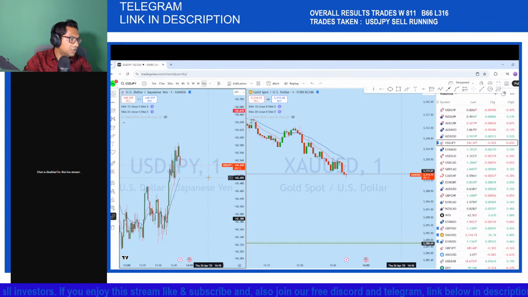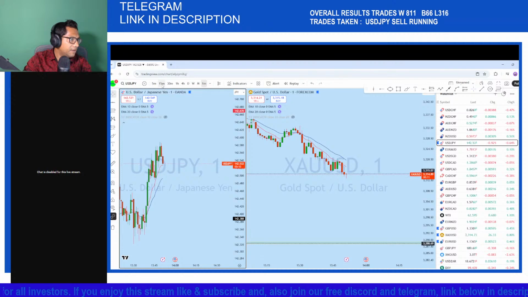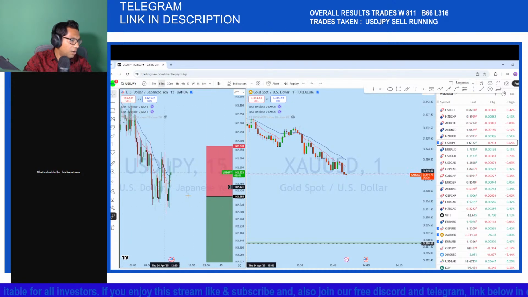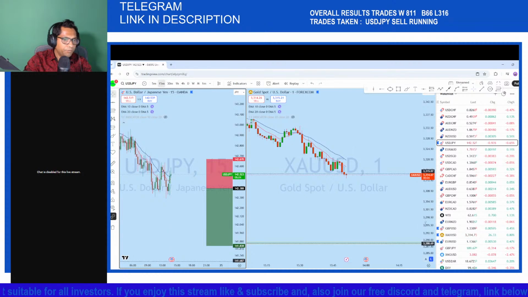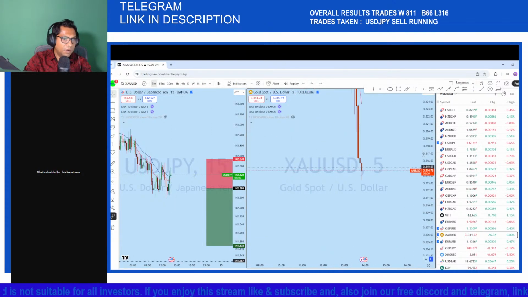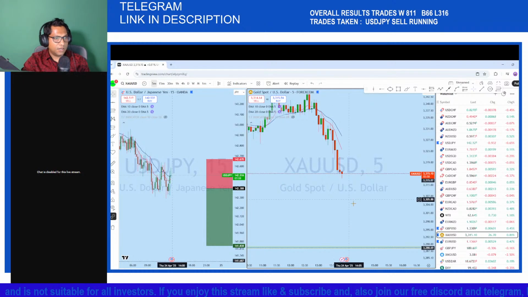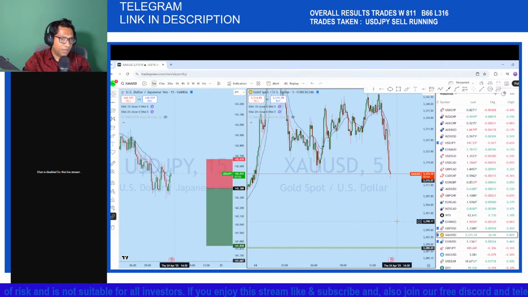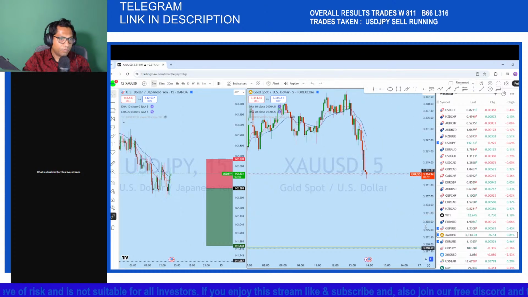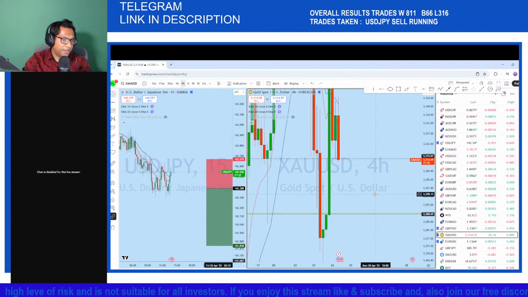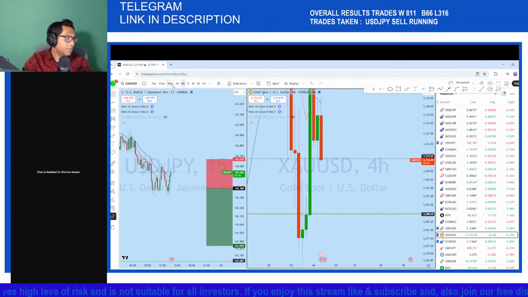Now dollar yen started to trend back. We'll be waiting to see how it might be forming. Here we can see that on XAUUSD this market is currently potentially having a break of support, and with that break of support we are expecting it to come back here to that daily support that we discussed.